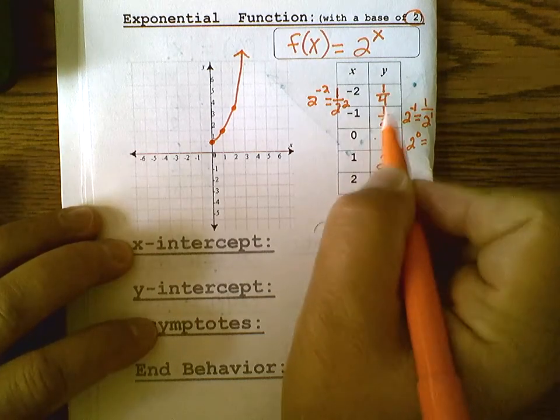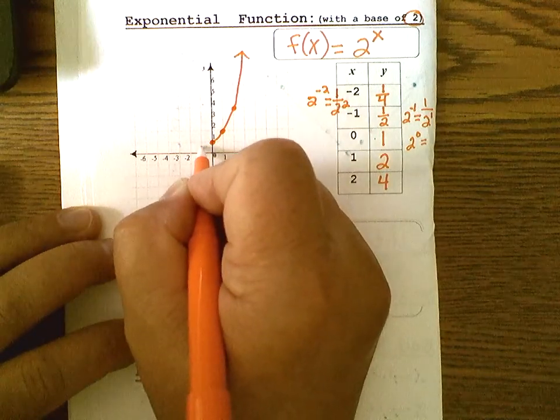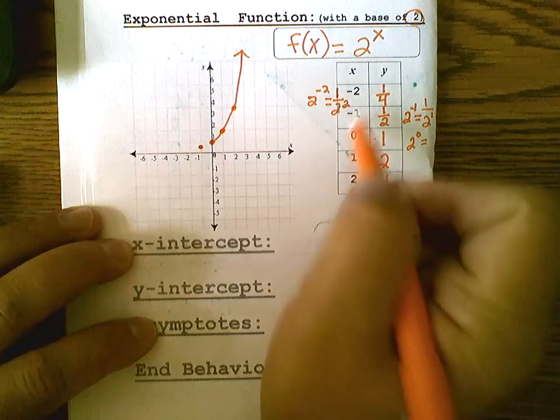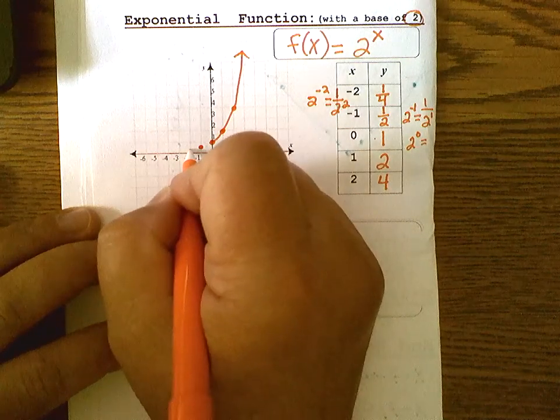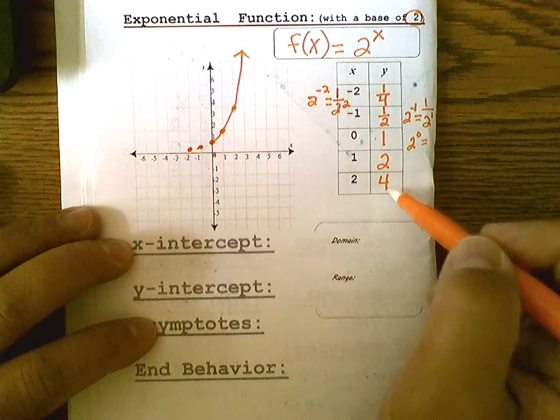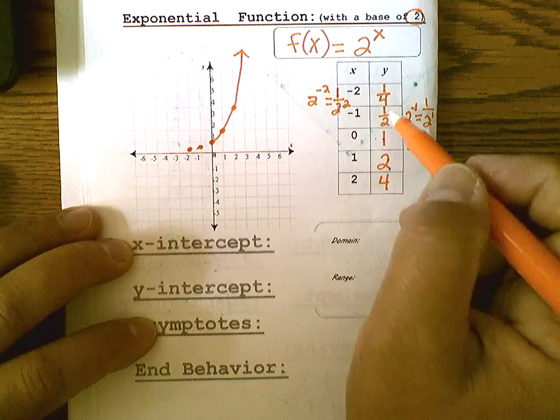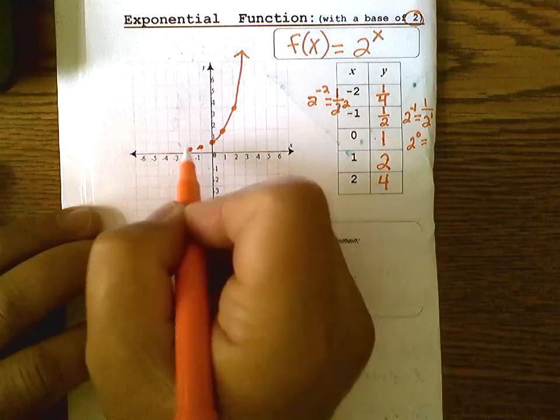Here, we're getting smaller, right? So we go to 1/2, so negative 1, 1/2, so that's halfway. Negative 2, 1/4, so that's half of that. So we're halving each time. Half of 4 is 2, half of 2 is 1, half of 1 is a half. We're halving each time.